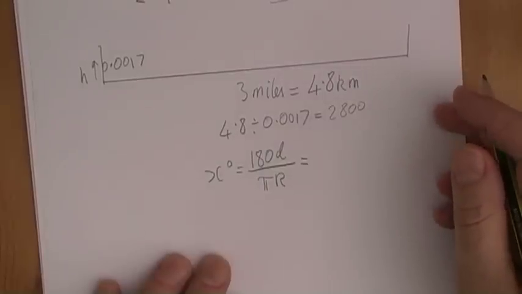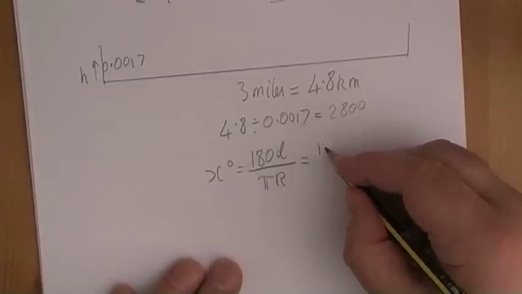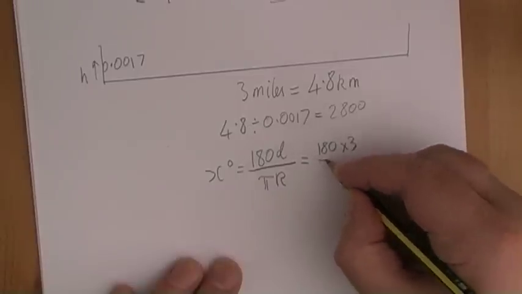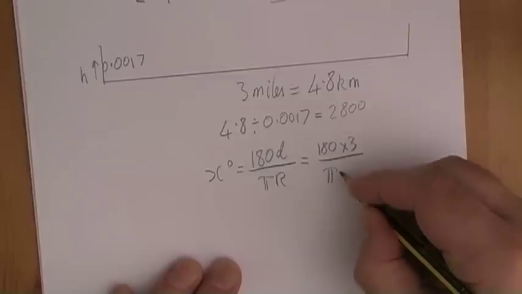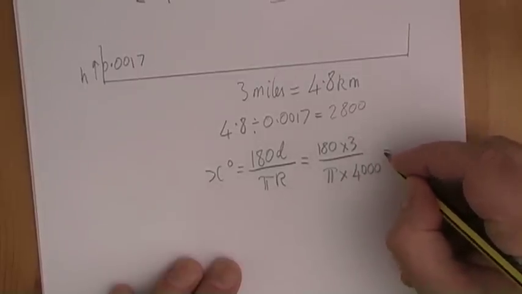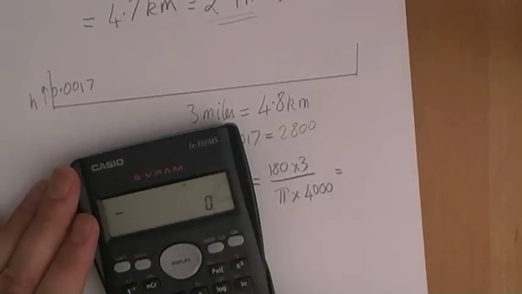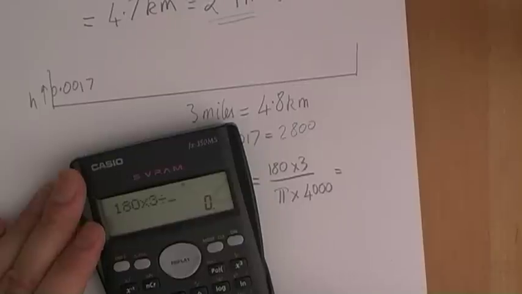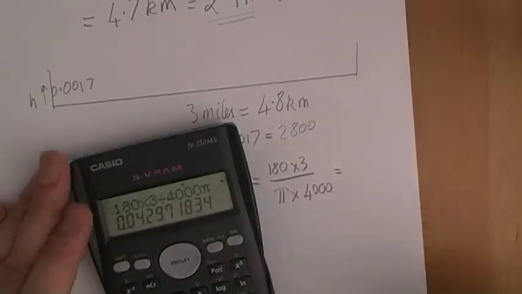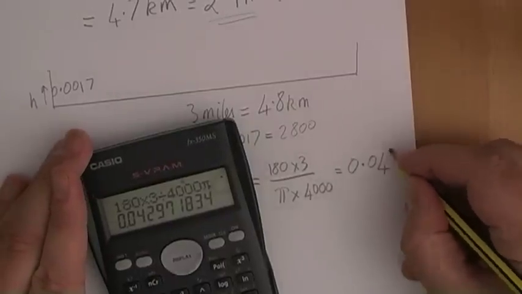Okay? So, let's stick to miles. So say it's 180 times 3 all over pi times 4,000. What does that give you? Well, 180 times 3 divided by 4,000 pi, 0.04 degrees.